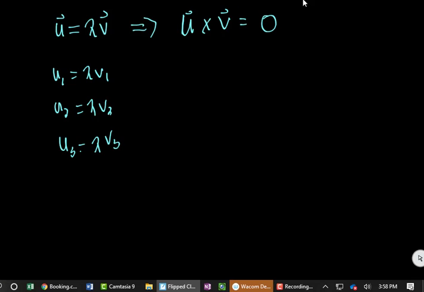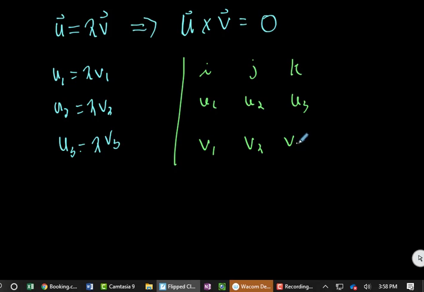And then we can go ahead over here and say, if we take the cross product of these, then we'd have i, j, and k, and its components would be u sub 1, u sub 2, u sub 3, and then v sub 1, v sub 2, v sub 3. We're going to find out what this is equal to.